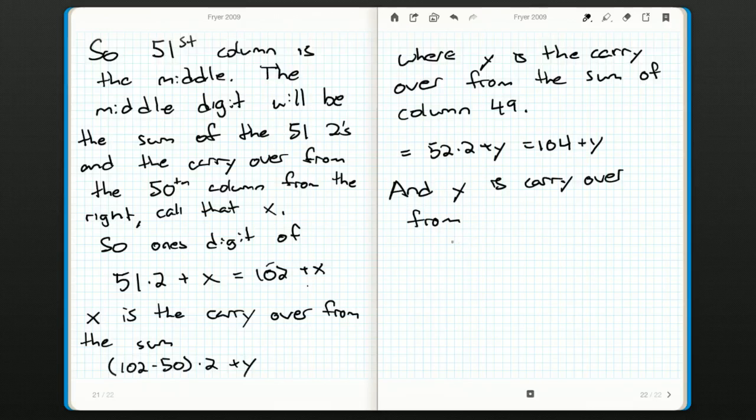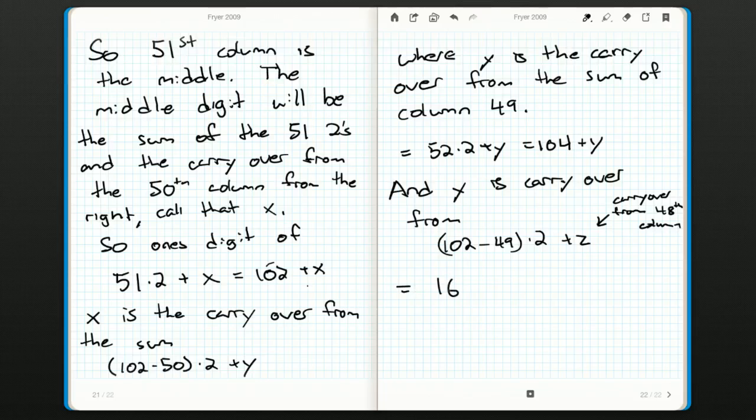So it's carryover from, I'm not even going to bother writing out the column stuff anymore. So that's the carryover from the 48th column. Okay, so what's that? Well, that's 102 minus 49, which is 53, and hopefully some of you out there knew that.